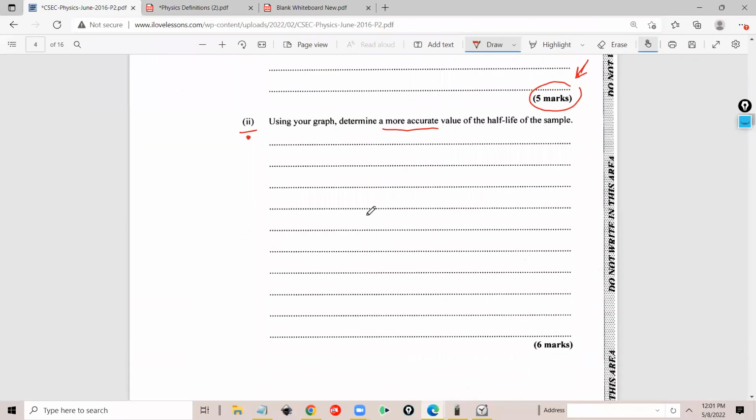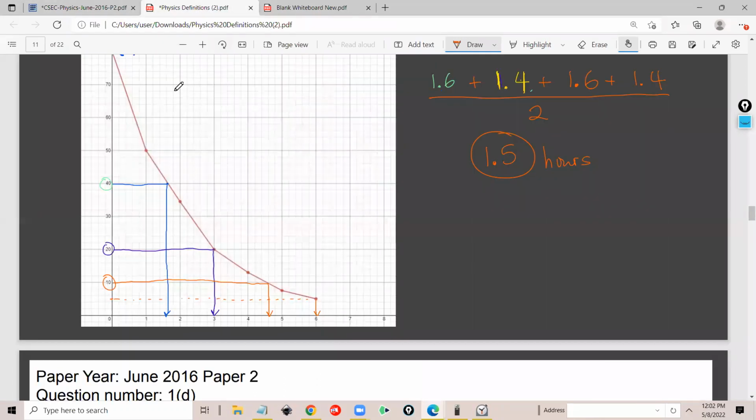Look how much more work we had to do for part 2, and we got 6 marks. To get full marks in the exam, you have to show all your lines on the graph. You have to show them how you find the average.